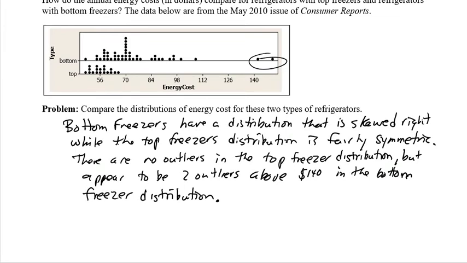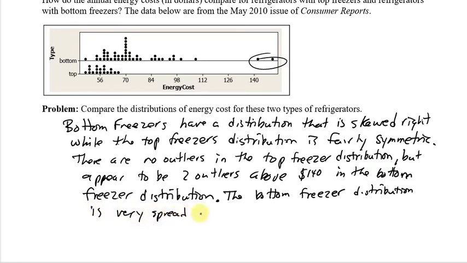The bottom freezer distribution is very spread out. From a low of about maybe 48 to about 150.